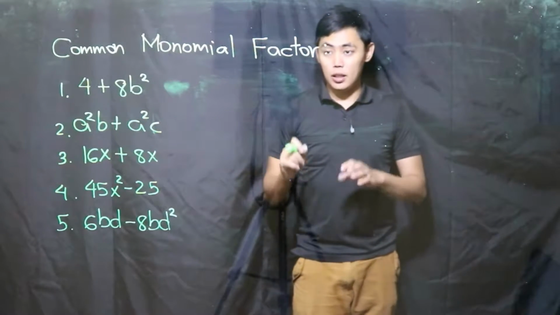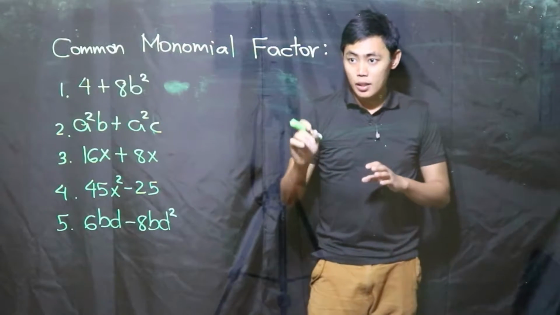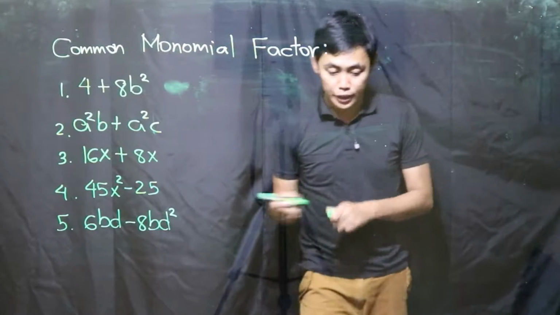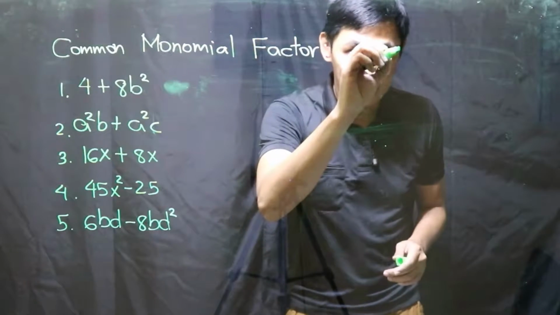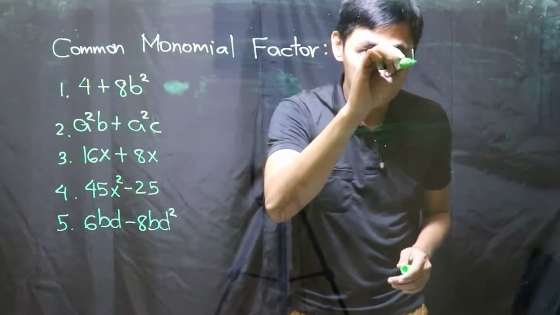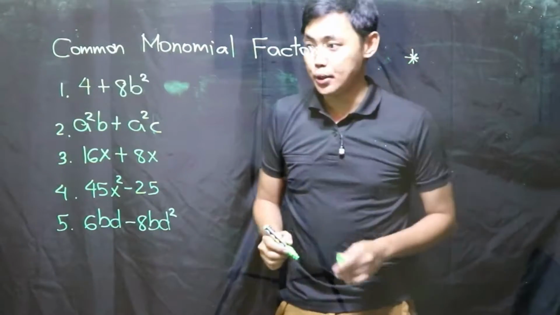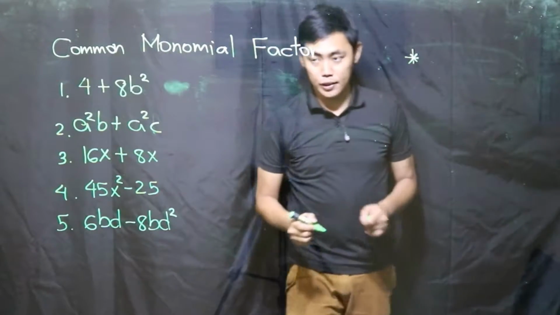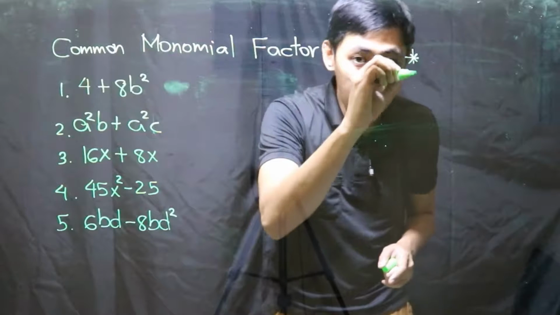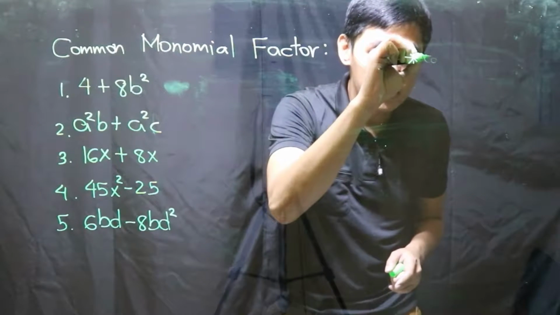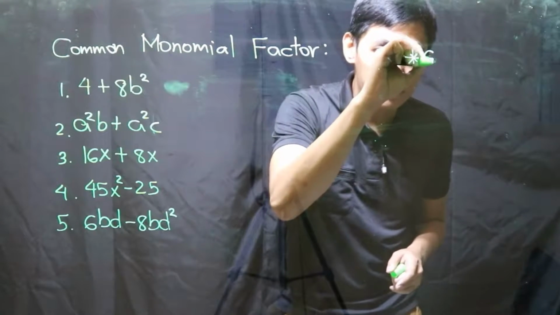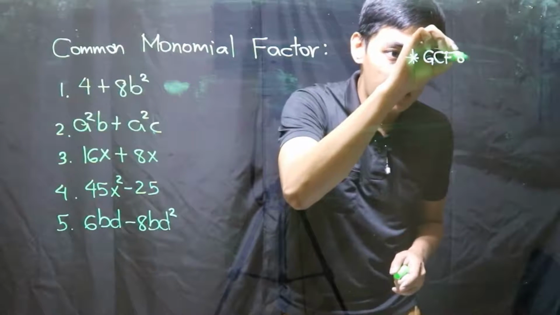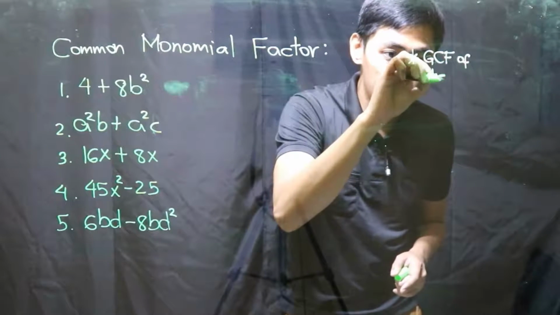Okay? So I will show you how to do this, but these are the steps. The steps in getting the common monomial factor. First, you get the GCF, greatest common factor, of the numbers.